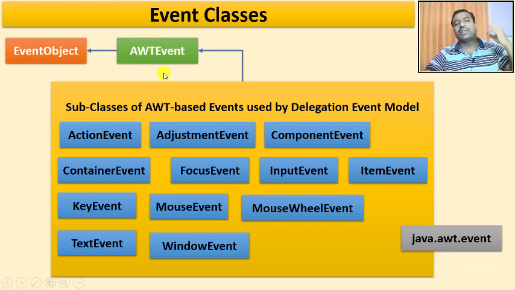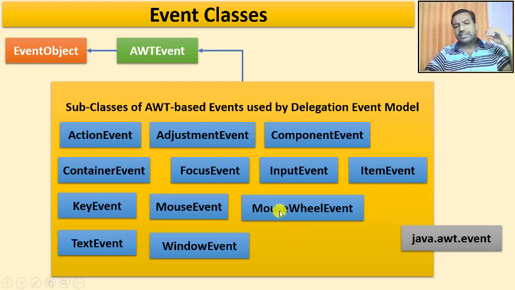Hence, whatever event is generated by the AWT classes will be through one of these event objects, and we will raise an event through this class and its object. Whatever GUI elements you use to build a GUI based application using Java, all of them will directly or indirectly be part of AWTEvent.